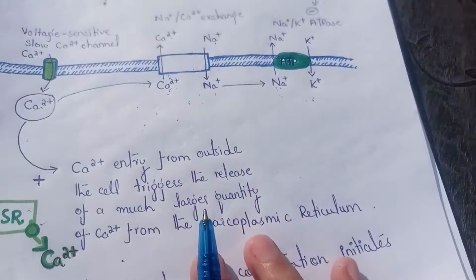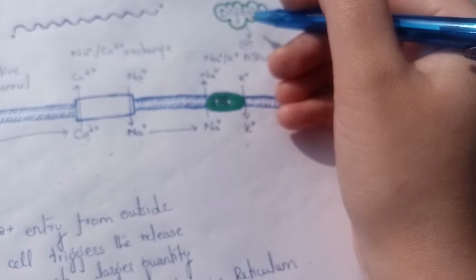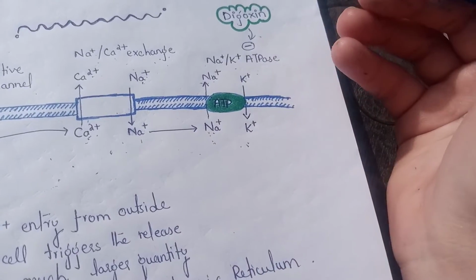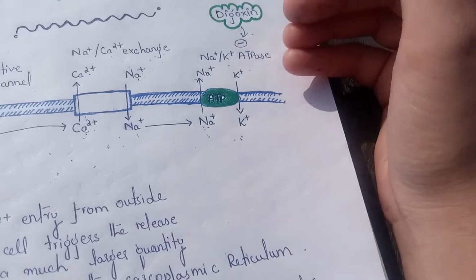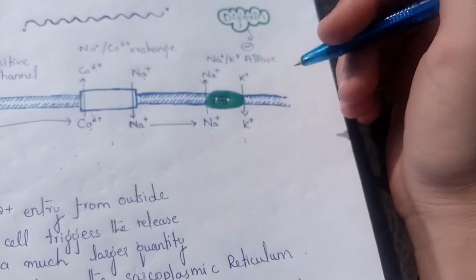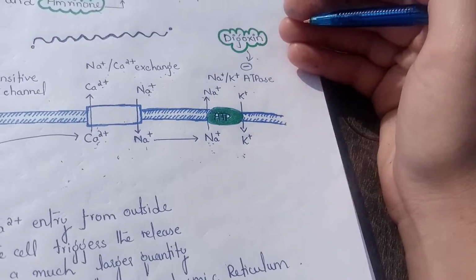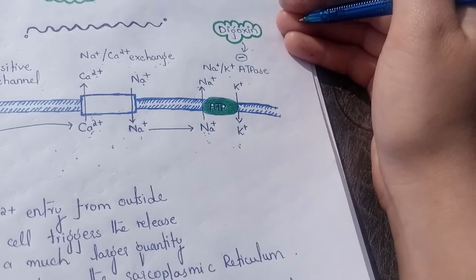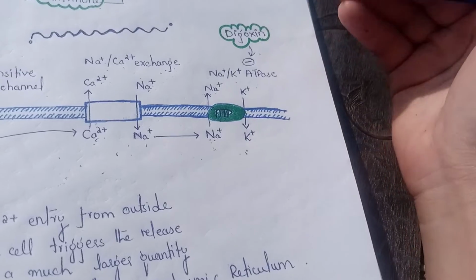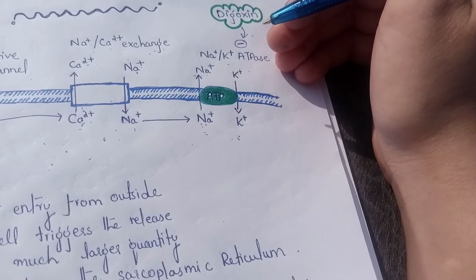The inotropic agents are most commonly given in congestive heart failure, and we studied in the congestive heart failure video that we have 2 types of heart failure. One is systolic heart failure, the other is diastolic heart failure. Systolic heart failure is heart failure with reduced ejection fraction, while diastolic heart failure is also called heart failure with preserved ejection fraction.